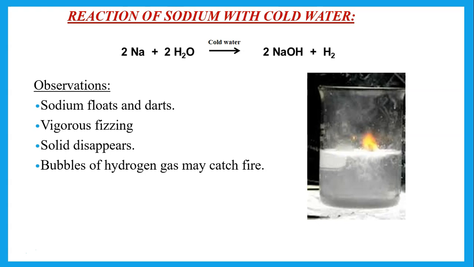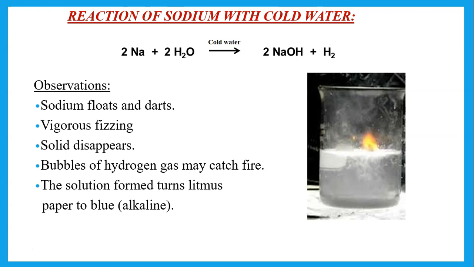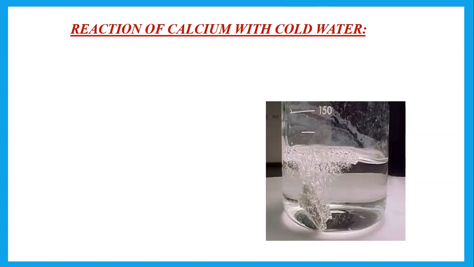The bubbles of hydrogen gas may catch fire. So we may find a small piece of fire darting around or moving around on the surface of the water. Remember that the solution formed is a solution of sodium hydroxide. That is alkaline. So if we were to put litmus paper into the solution at the end of the reaction, it will turn from red to blue.